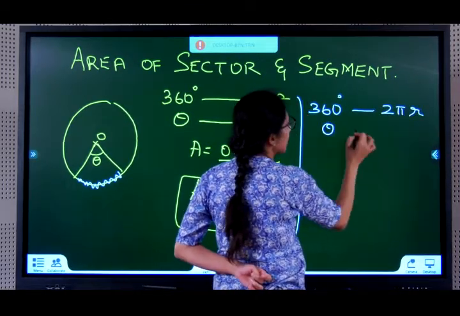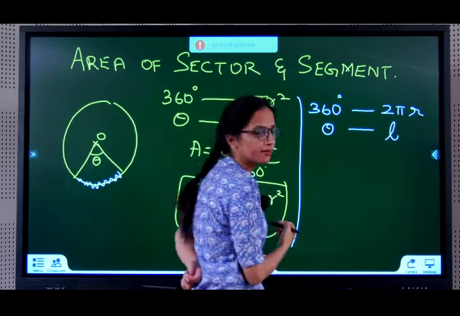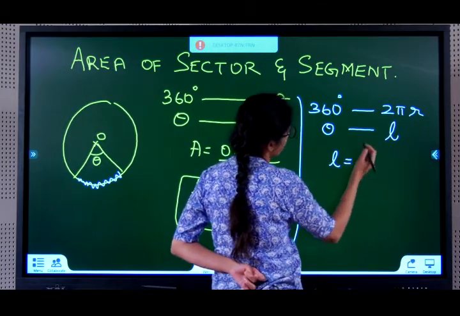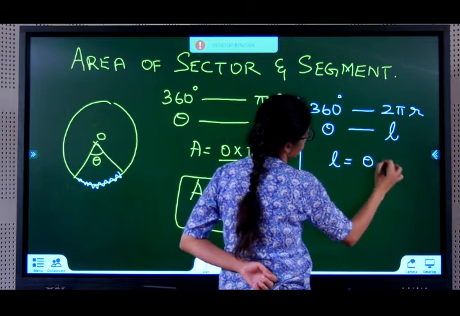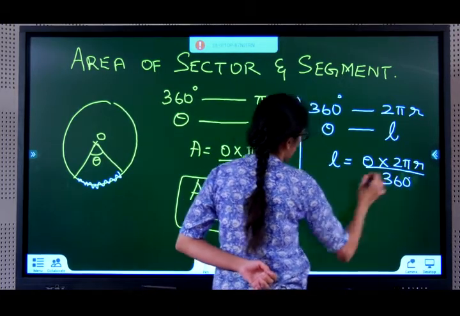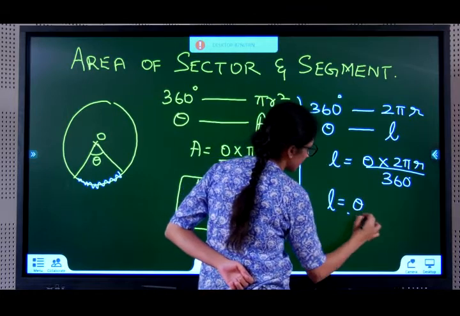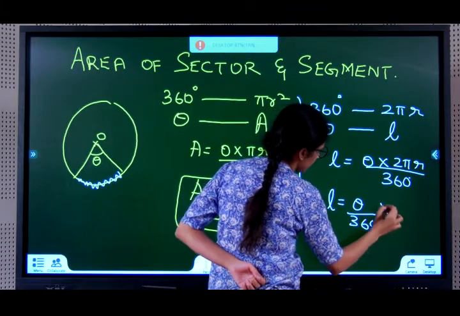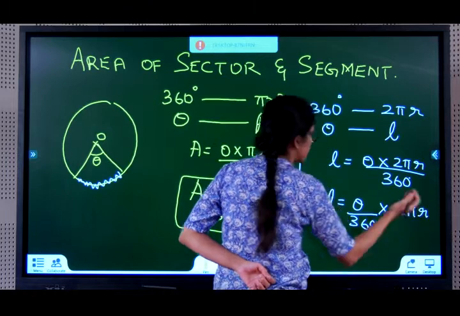For theta, how much is the length of the arc? By the unitary method, cross multiplication, L is equal to theta by 360 into 2 pi r.